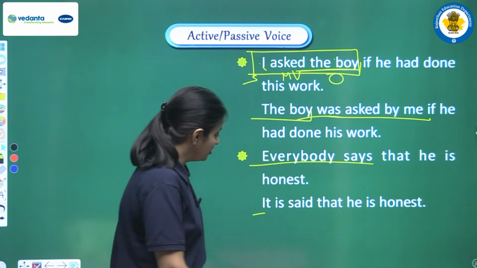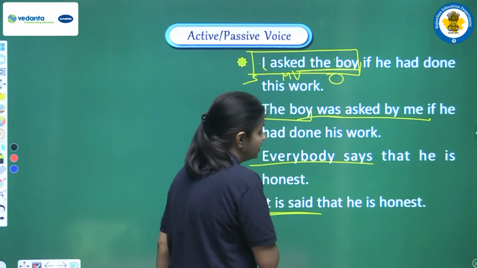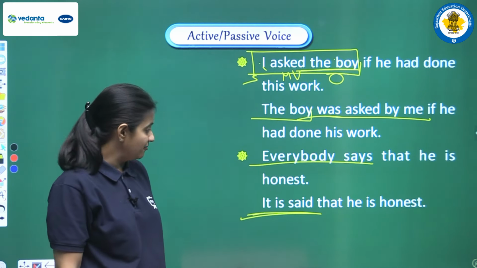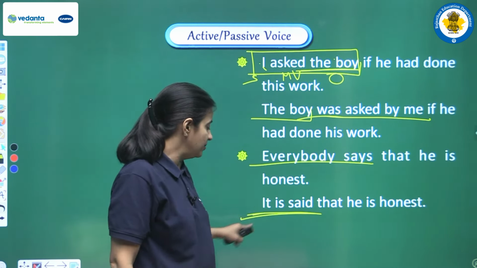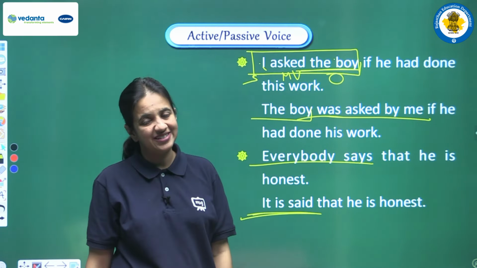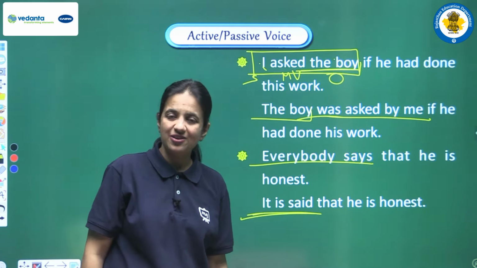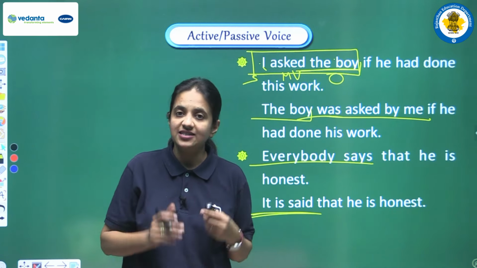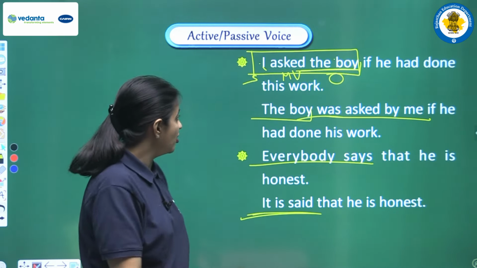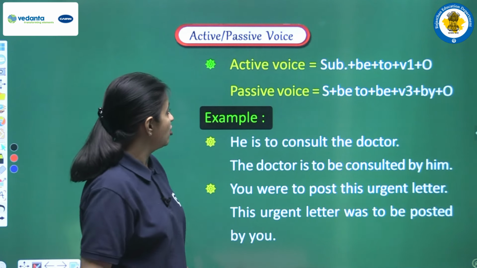So passive voice it will be it is said, and then we have to write the same subordinate clause that we are having here. So the complete sentence will be it is said that he is honest. Okay, so in this way we have to convert any sentence in which we are having two clauses into passive voice.